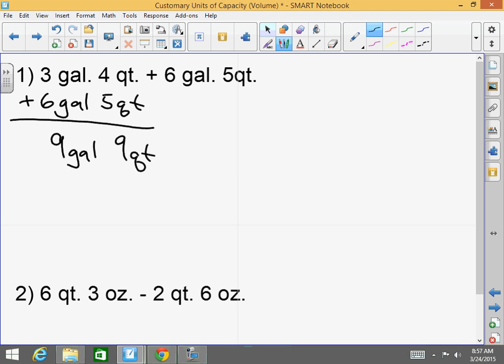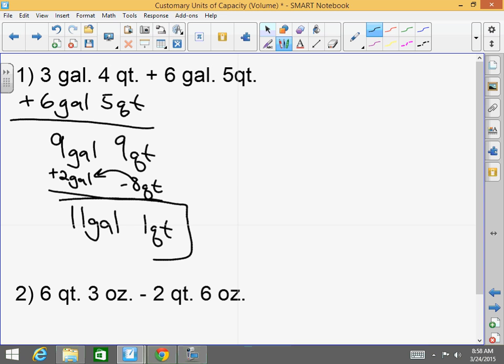However, how many quarts in a gallon? 4 quarts in a gallon. So I can take away 8 quarts. And 8 quarts would be like adding 2 gallons. So this is going to really end up being 11 gallons and 1 quart.